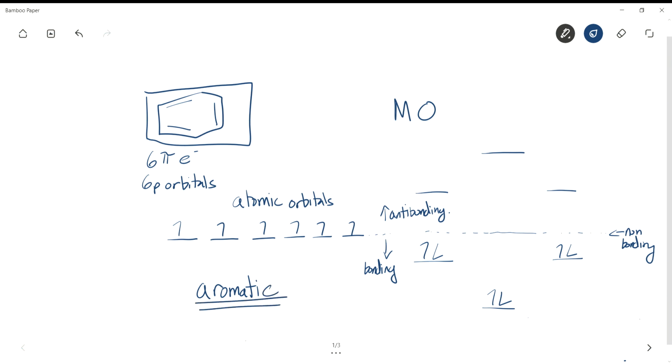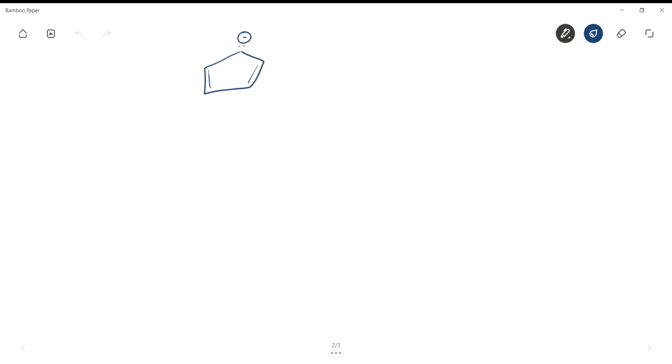Okay, now let's look at a different molecule. This molecule may look weird because it's a charged molecule with a carbanion in a location on the ring. But we are trying to assess if this molecule is aromatic or not. And when we look at it, we can say that there is 6 pi electrons in this molecule.